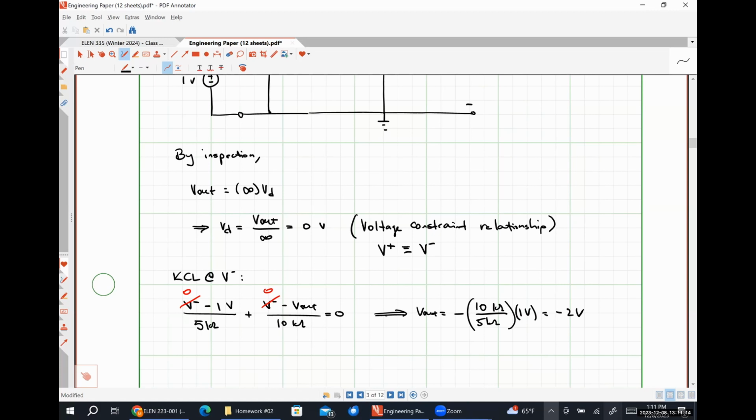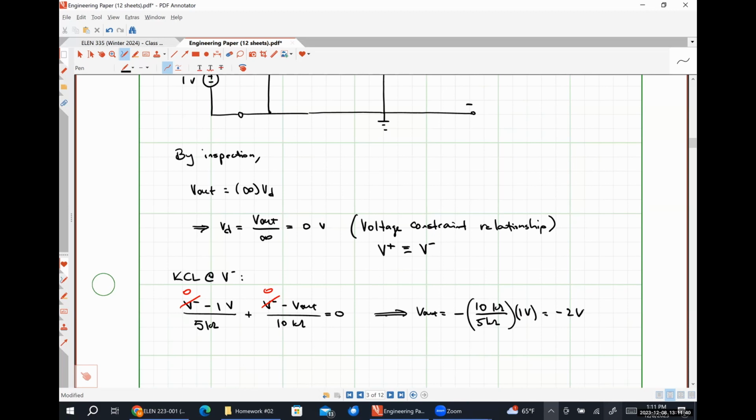So Rn was 1 mega ohm, R out was 100 ohms, the open loop voltage gain was 10 to the 5, and we got an output voltage of negative 1.9999392 volts. Here, we threw away all of those values and just used idealized values, and we get negative 2 volts. So our error is well under 1%.